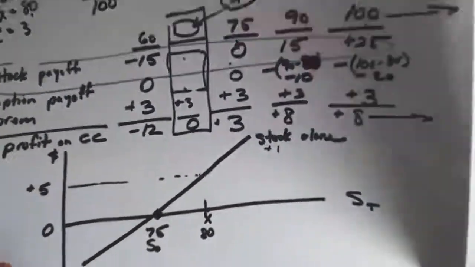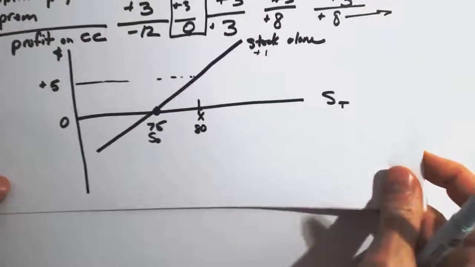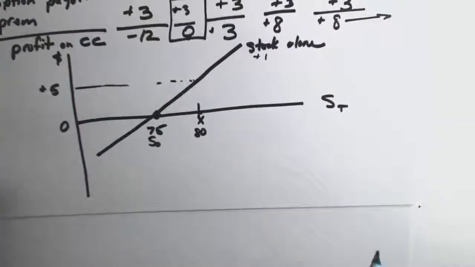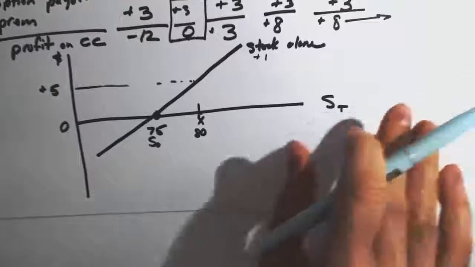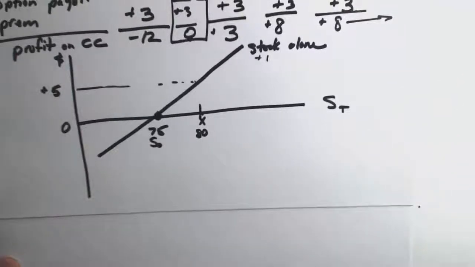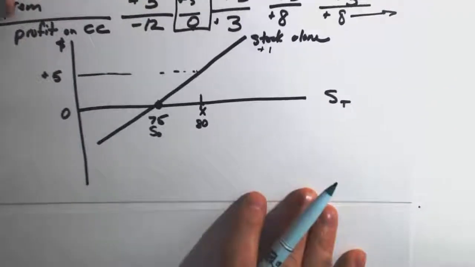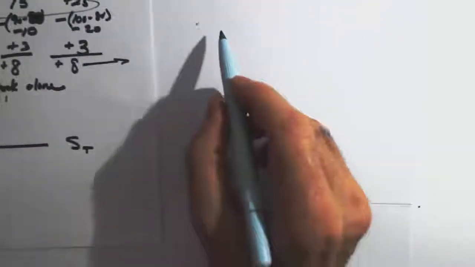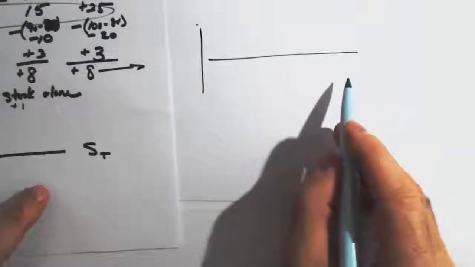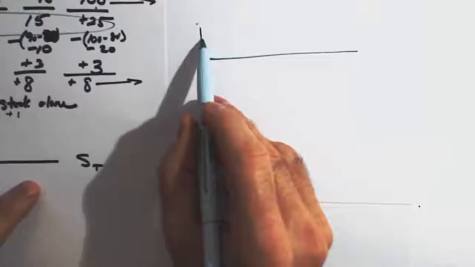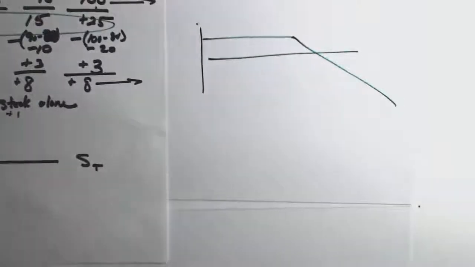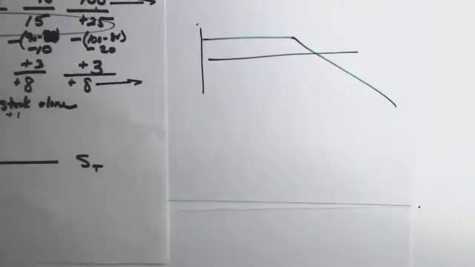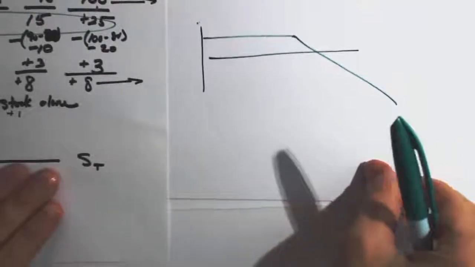Now let's do the call position. You know what a call position looks like. I told you to just memorize what a short call looks like. If you have a short call, you better have a graph that looks like that, because that's the profit to a short call. Okay?